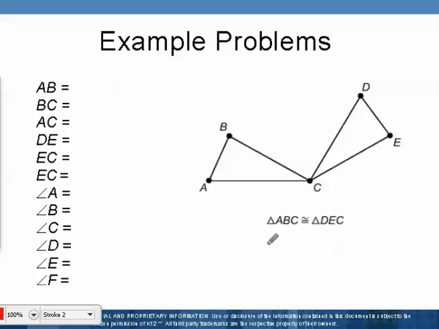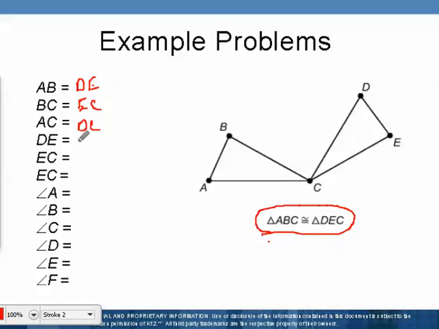Now I want you to notice here I've got two triangles, and these two triangles are stated to be congruent to each other. So if I'm looking for the congruent side to AB, I would be looking for DE. If I were looking for the congruent side to BC, I'd be looking for EC. If I was looking for the congruent side to AC, I'd be looking for DC.